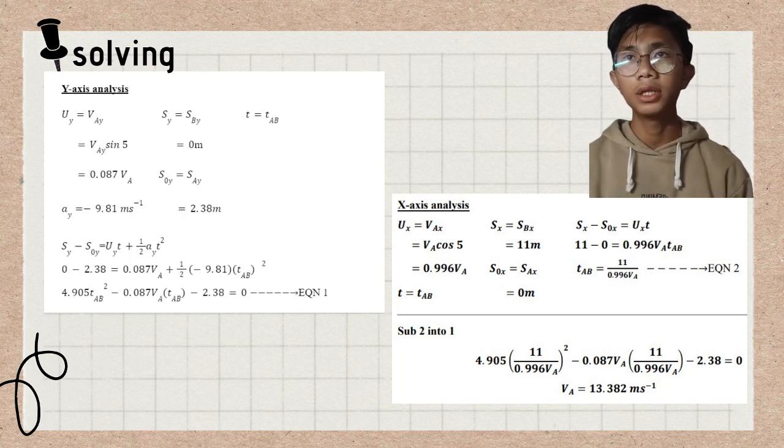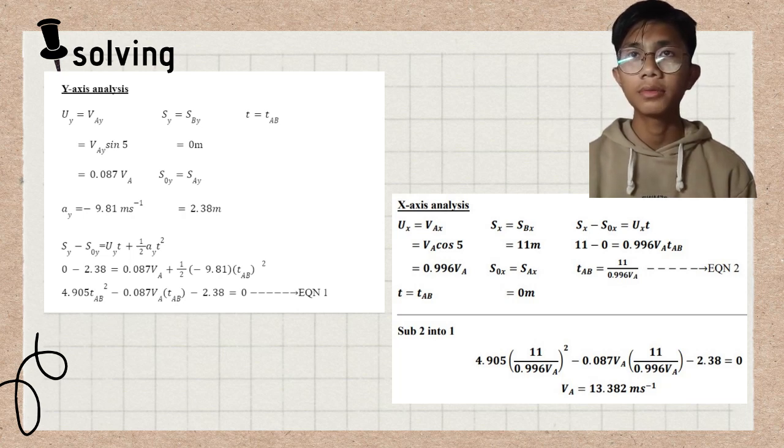So we will use the formula SY minus S naught Y equals UY T plus half AY T squared. After we arrange it, it will be 4.905 TAB squared minus 0.087 VA multiplied by TAB minus 2.38 equals 0, and that is equation 1.